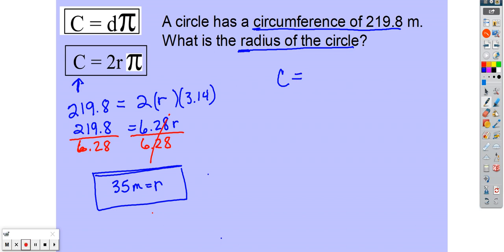Circumference is equal to 2 times the radius, 2 times 35 times 3.14. That should equal 219 and 8/10. 70 times 3.14. Aha! 219 and 8/10.